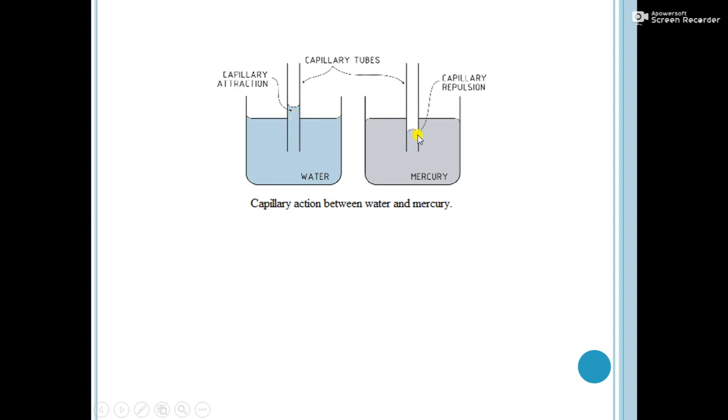While in the case of mercury, as we dip the capillary tube inside it, the result is different. There is a fall or depression in capillary action.